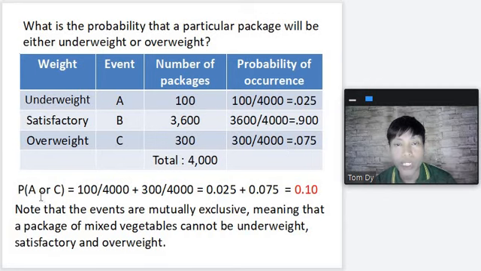Since we are going to find the probability of underweight or overweight, when we add these by the rules of addition, that is equivalent to 0.10.